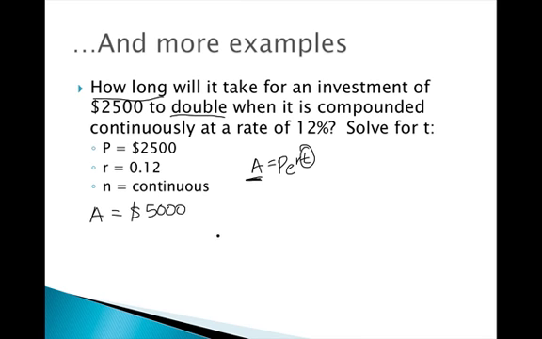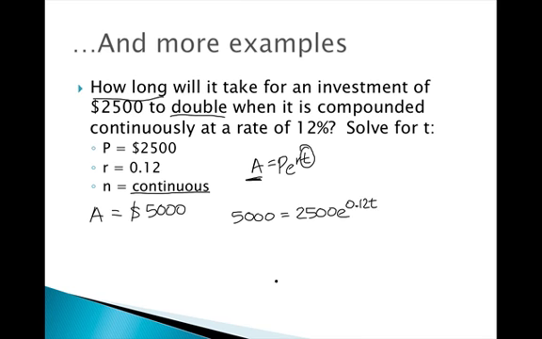So now we're going to plug everything that we have into our equation. And the reason why we're using PERT instead of the other equation is because this is compounded continuously. So we have 5,000 equals 2,500 e to the r t. Our r is 0.12, so we have 0.12 t.